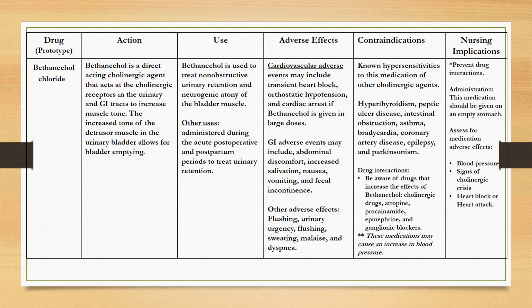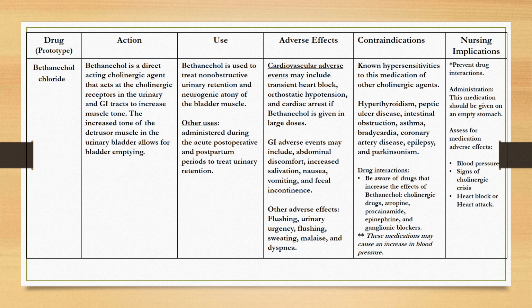And also, you may see this medicine used in the post-op period, because that's where we see urinary retention a lot, for acute post-operative or postpartum areas to treat urinary retention.